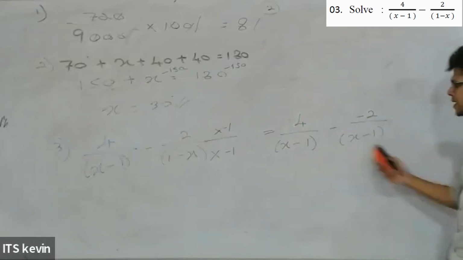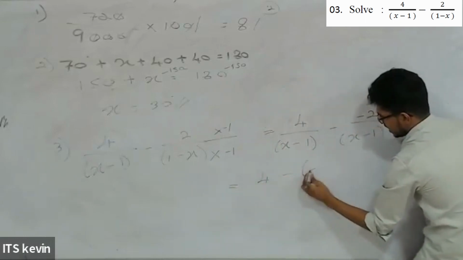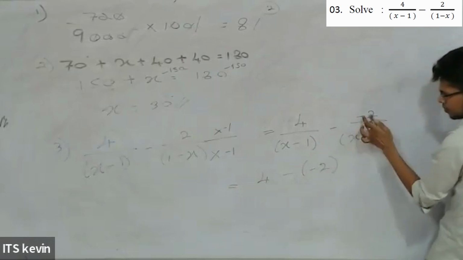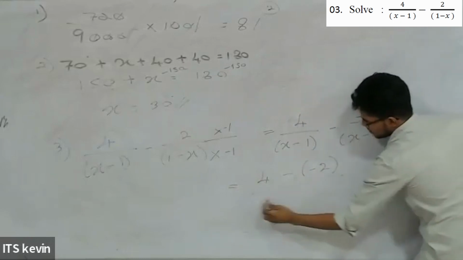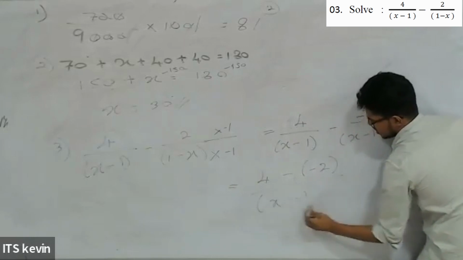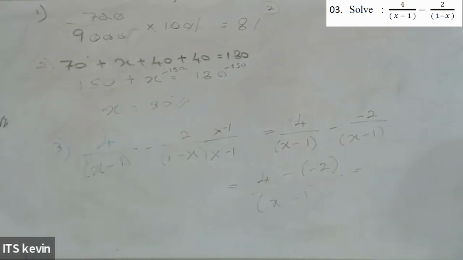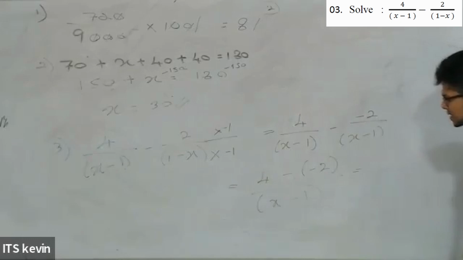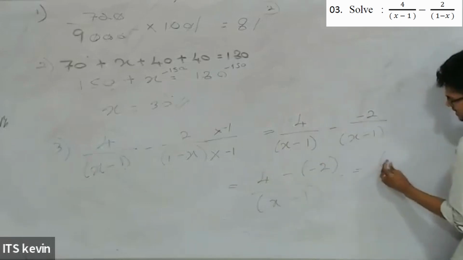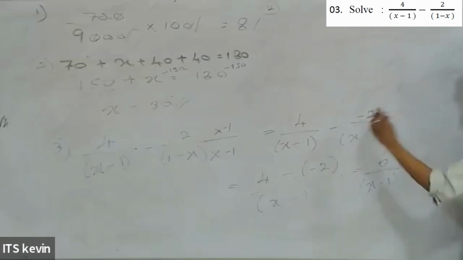So since the denominators are equal, you can write 4 minus minus 2 over x minus 1. So 4 minus minus 2 is how much? 6, right? If you have 2 minuses at the same place, it becomes plus. So 4 plus 2 is 6 over x minus 1. This is the answer.